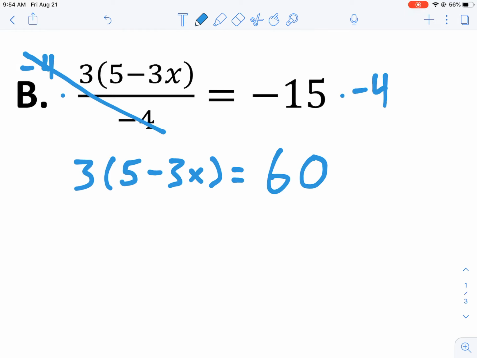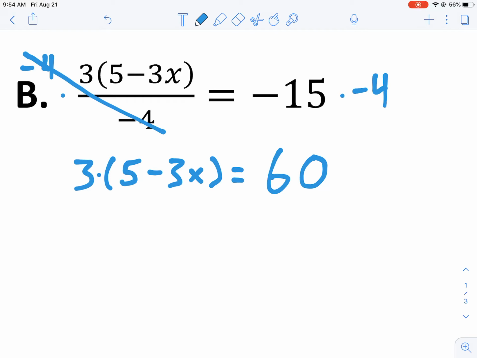And now there's two ways that we could go about solving this. The first way is that we could distribute here, and that's a perfectly fine way. And then you could solve it out. The other thing you could do, though, is that you could recognize that this is multiplication.